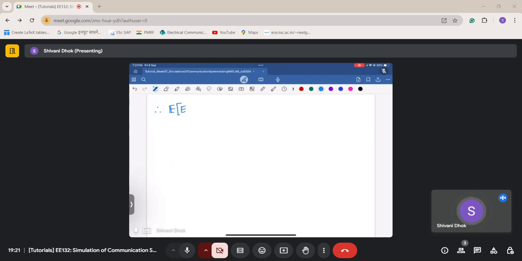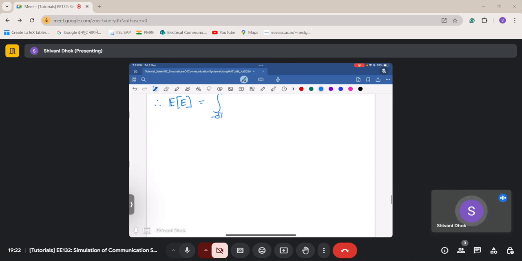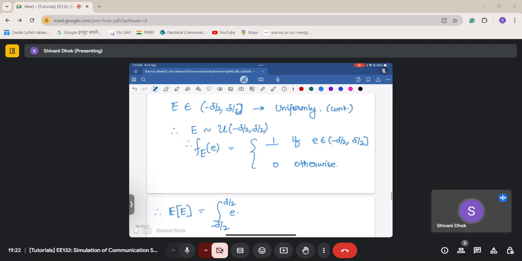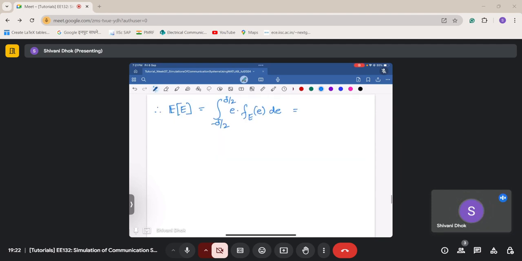So the first thing we need to find is the mean of this error, which is equal to the integral. The limits are from minus delta by 2 to delta by 2, otherwise your PDF will be 0. So minus delta by 2 to delta by 2, e into, I'm sorry, this is 1 by delta, e into f_E(e) de. This comes out to be the integral minus delta by 2 to delta by 2 of e into 1 by delta de.